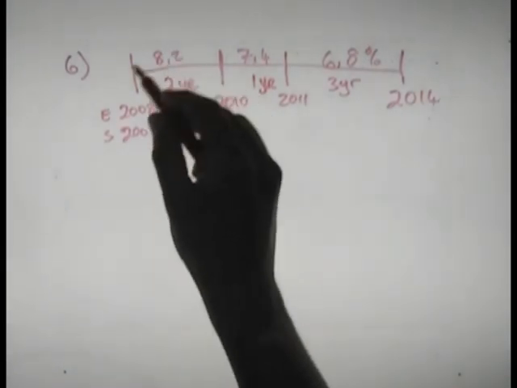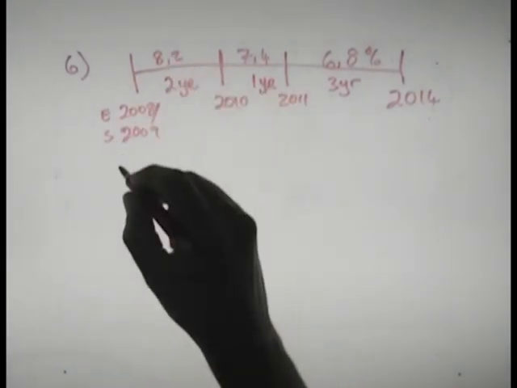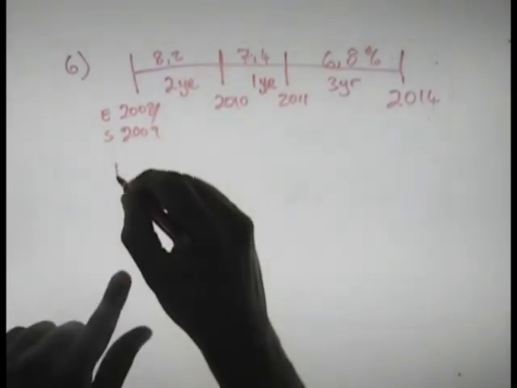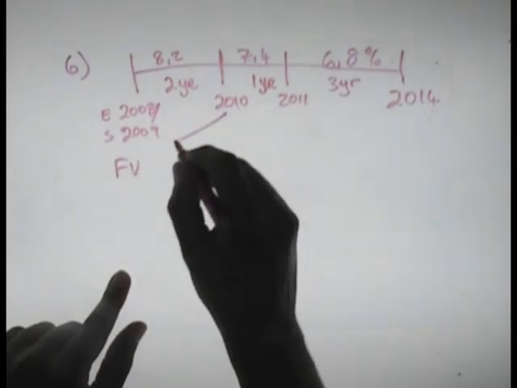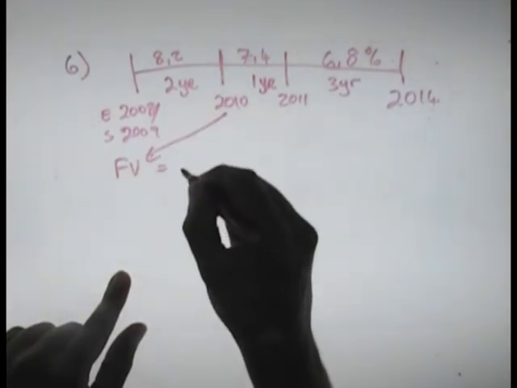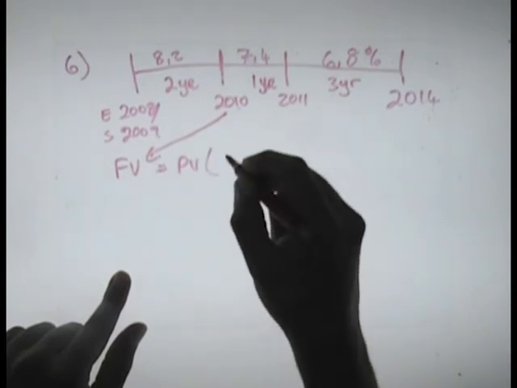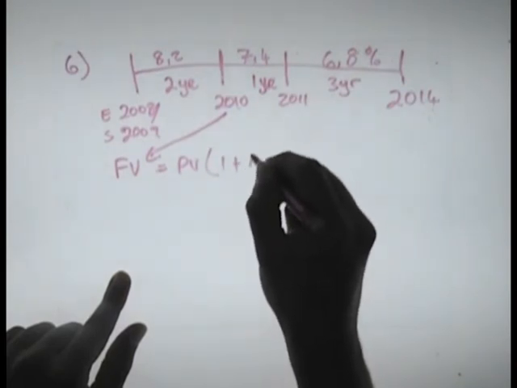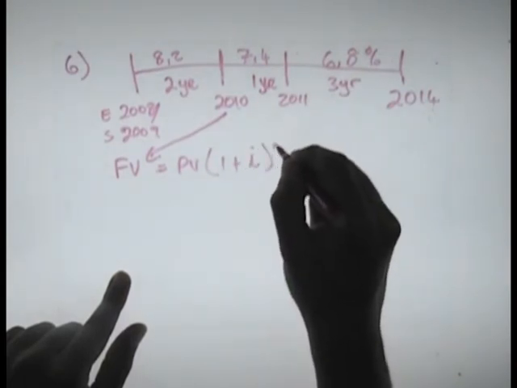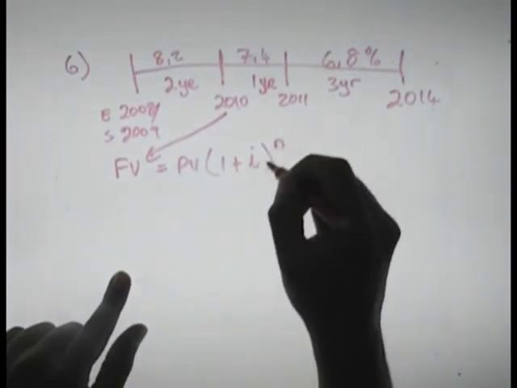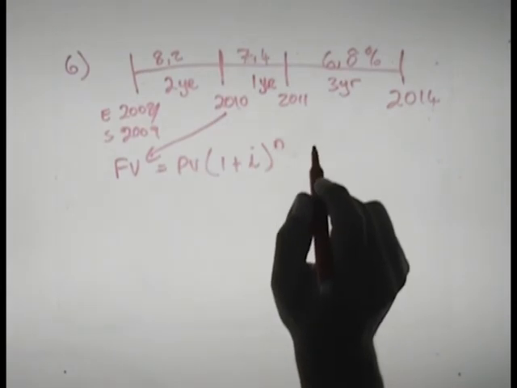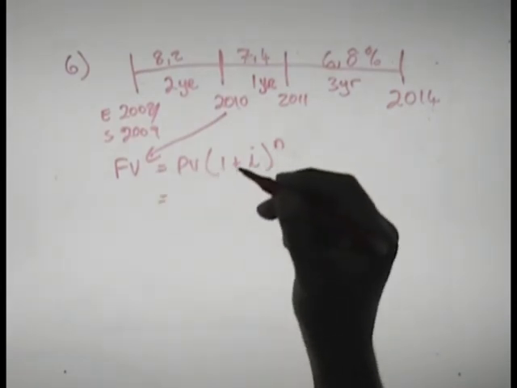I'm going to start out by working it out over the 2-year period. So my future value is equal to present value multiplied by 1 plus i to the power n. It's nm and i over m, but m is equal to 1 in this case.